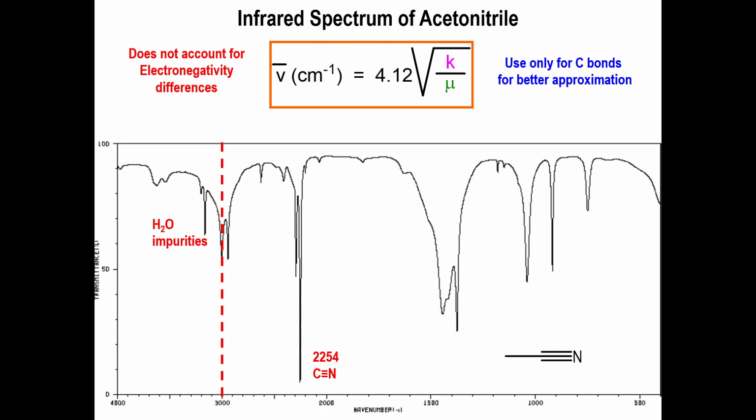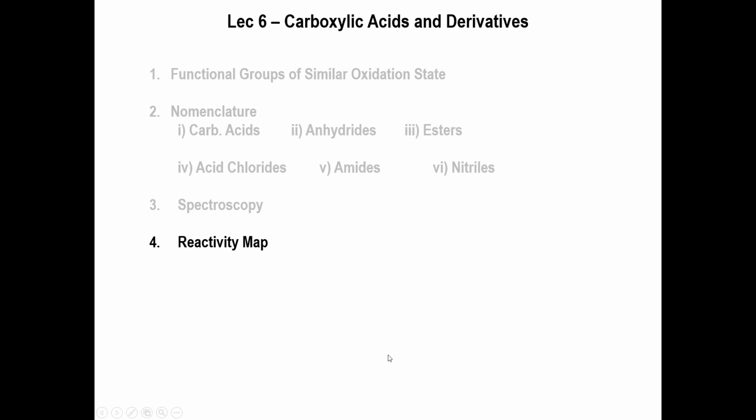So just don't get too hung up on how intense the peak is or how not intense it may happen to be, right? Impurities are also potential things you may see in spectra of nitriles because you tend to make miscible aqueous solutions with nitriles, at least the ones that have low carbon content. All right, so hopefully that will help you out in identifying some of these compounds in the future.